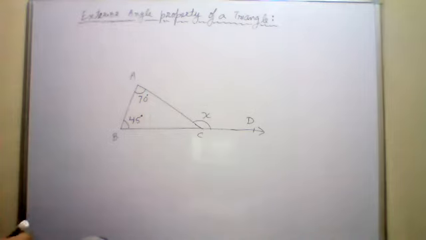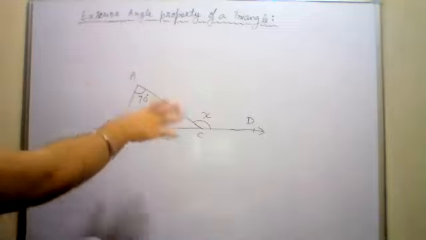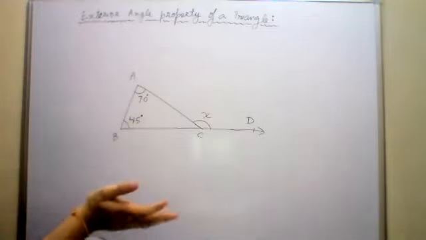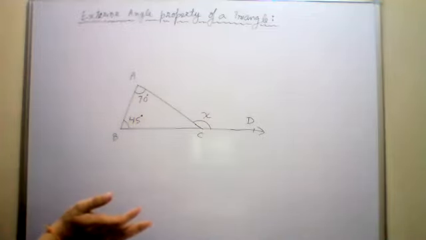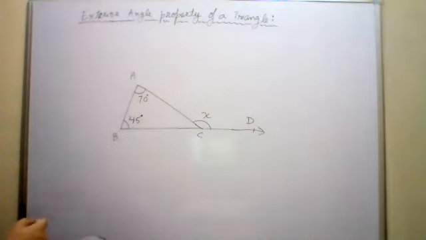Don't worry, we are doing the property, still doing the property. This is just an example to make you understand the exterior angle property again. Okay. So if someone has not understood, don't worry. You can easily understand with the help of this. What is the value of angle x? You can give your answers in the chat box. I have got one answer, very good, correct answer.